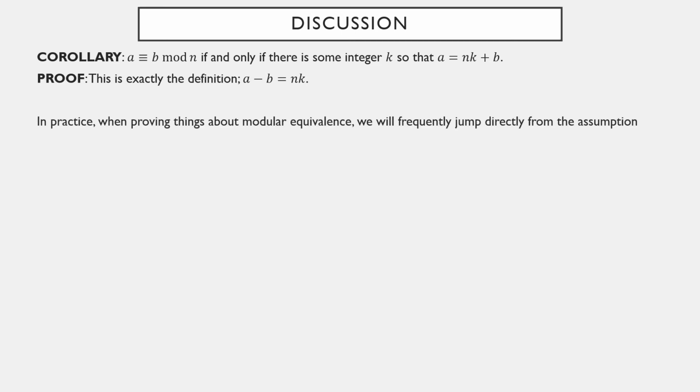When we're proving stuff about modular equivalence and beyond, we're frequently going to jump directly from assuming that a is equivalent to b modulo n to simply stating a is a multiple of n plus b without making that intermediate statement n is a factor of a minus b. So we've just seen here, a is equivalent to b mod n if and only if I can write this. So from now on, we'll just jump right from here to here.